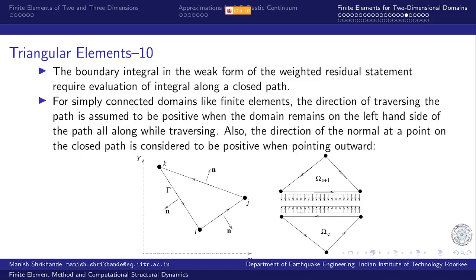This is for simply connected domains, like finite elements, where there are no holes or gaps in between. When we talk of the domain, it is enclosed by simple straight-edge boundaries, like a triangle bounded by three edges. So this is a simply connected domain.